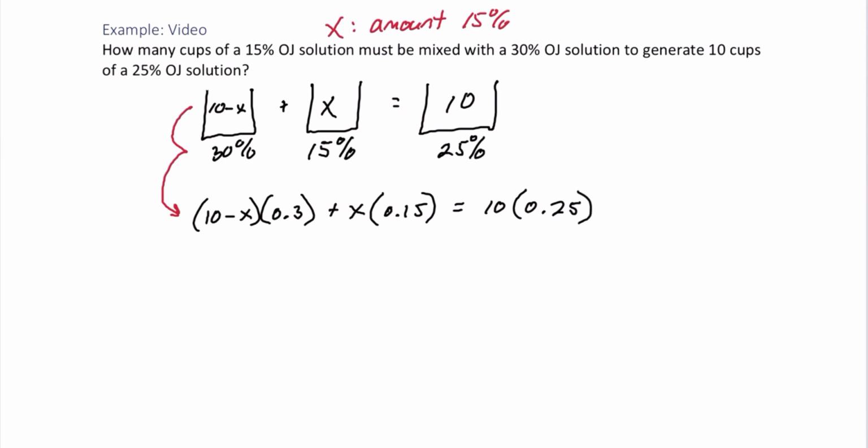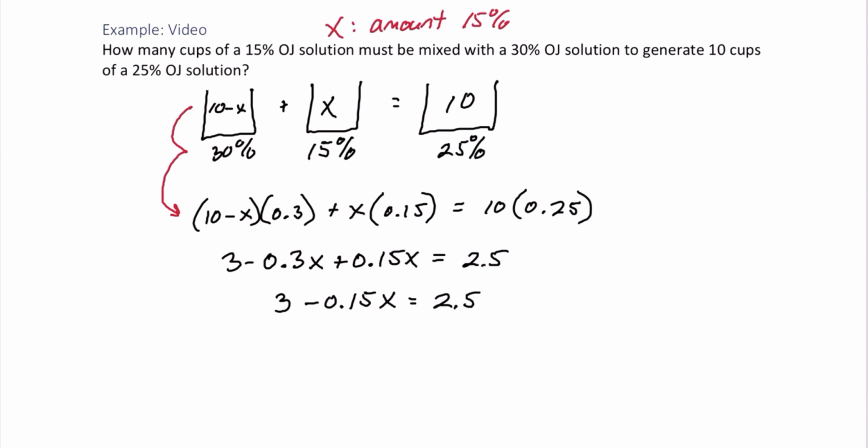Simplifying, we get 3 minus 0.3x plus 0.15x equals 2.5. Combine like terms on the left. We have 3 minus 0.15x equals 2.5.